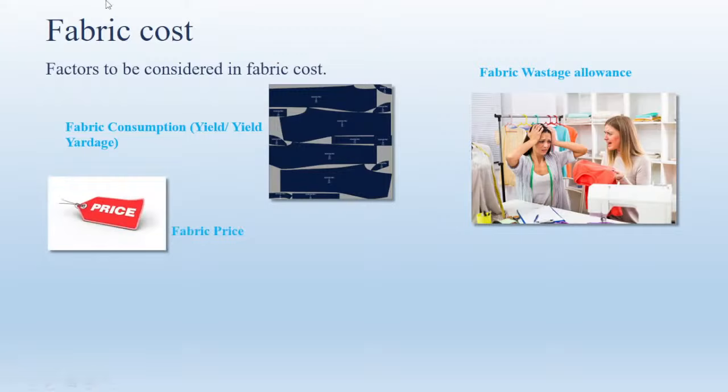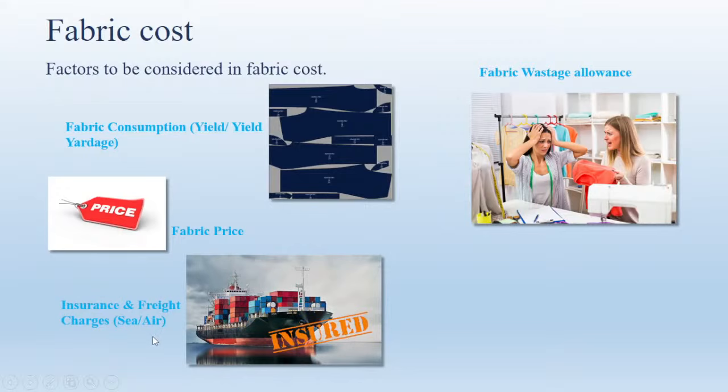And price also we should know from the mill price. The mill fabric supplier will say their price for a unit, and insurance and freight also we have to consider to take this consignment from the supplier to our stores. We have to ship it. It's sea freight cost, and insurance also.